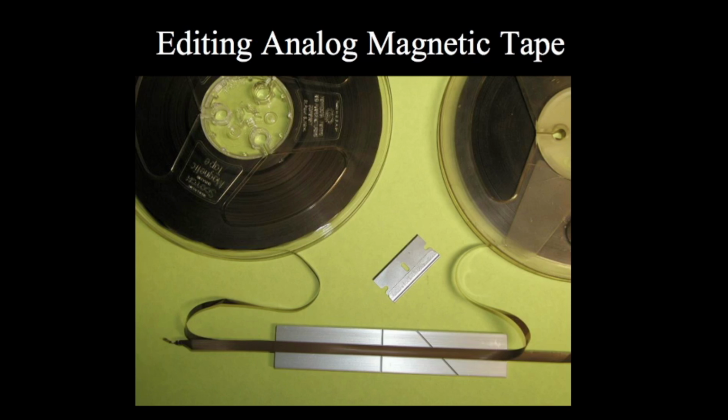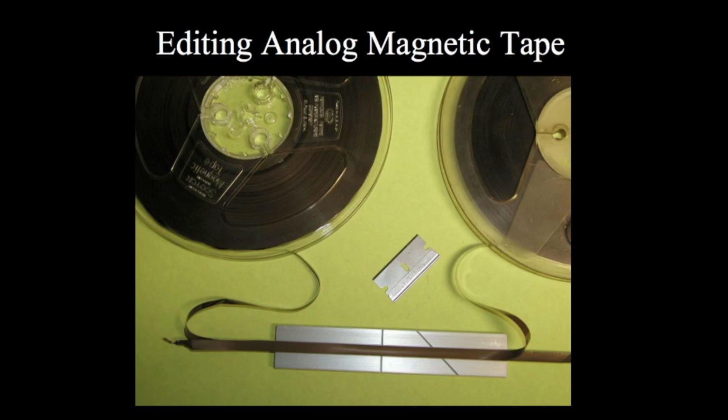Reversing, pitch shifting also comes directly out of reel-to-reel tape. This would be much more intuitive, I think, right? So if you're going to pitch shift something, you're going to slow down the speed of the tape. If you are going to reverse something, you just change the direction of the tape.